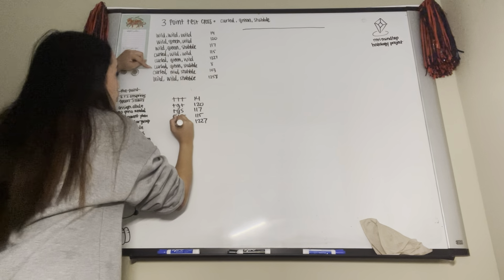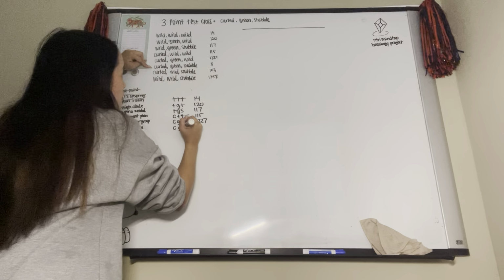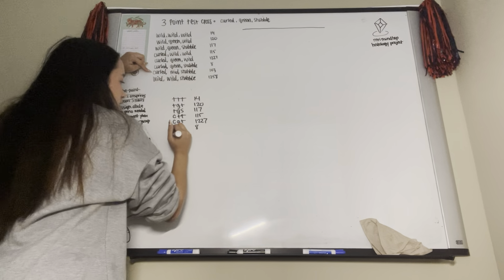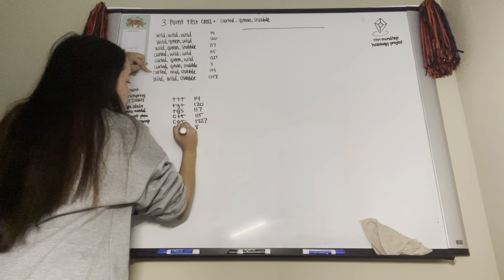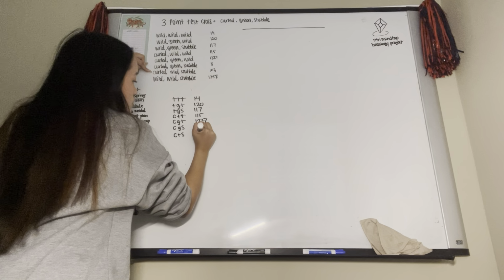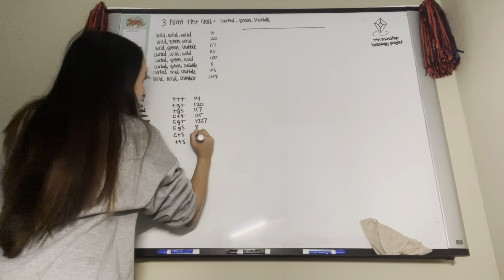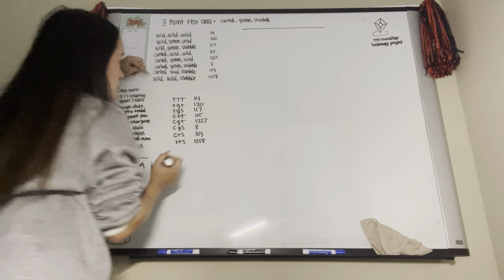And then you have curled green stubble, there's 8 of those, so I did C G S for that one. Curled wild stubble, C plus S, then there's 103 of those. And then wild stubble, so plus S, and there's 1,258 of those.